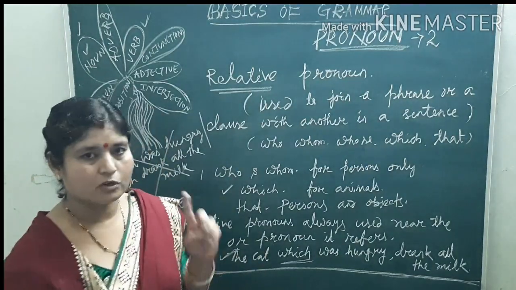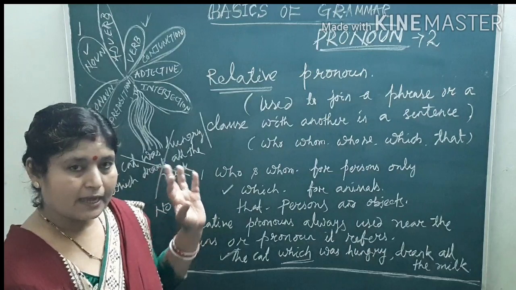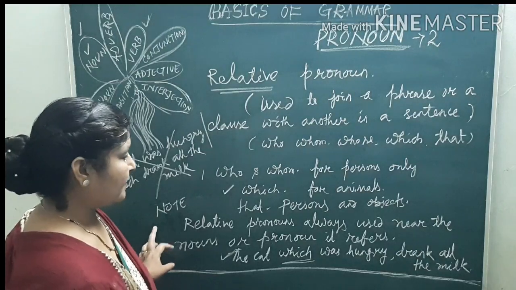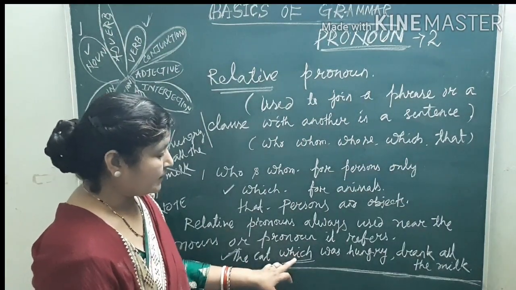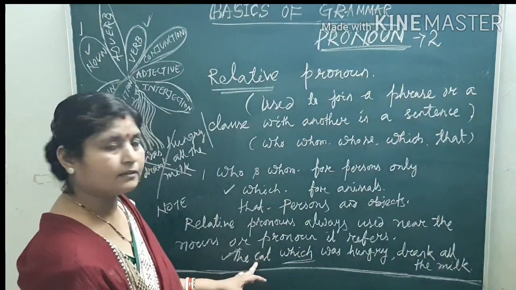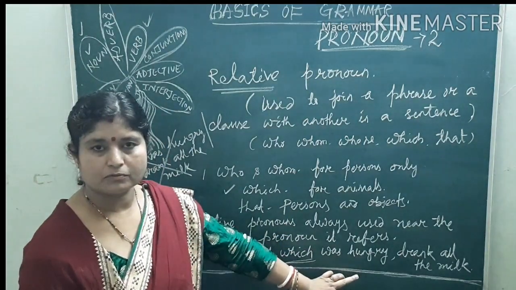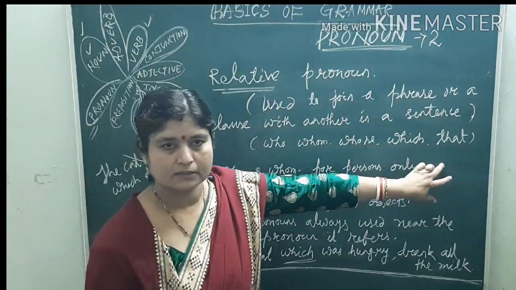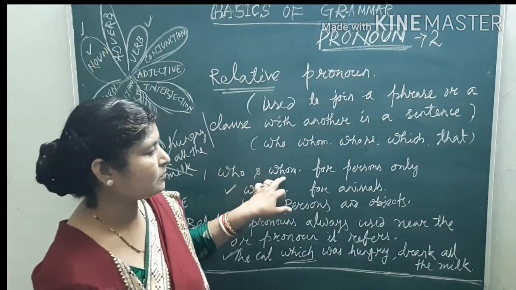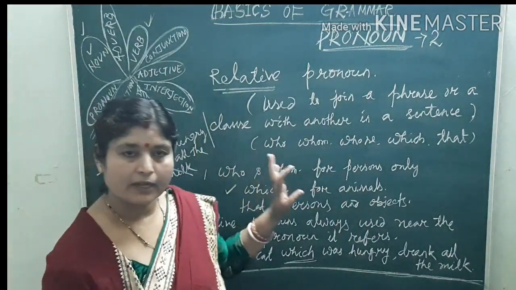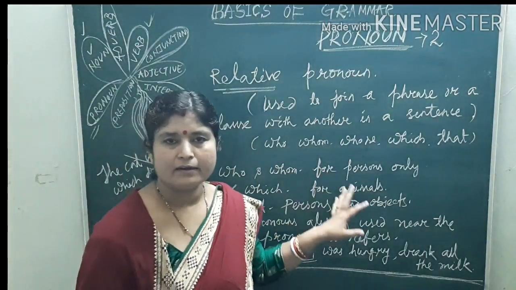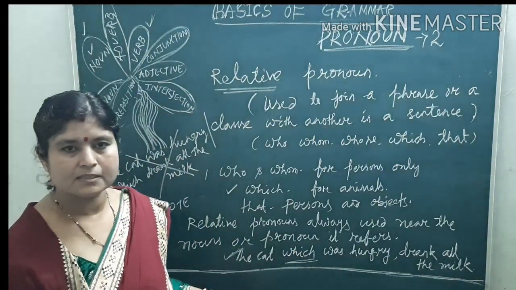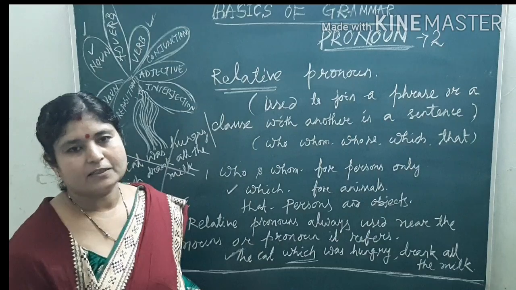So we must note that the relative pronoun must be placed near the noun or pronoun it refers to. So relative pronouns are who, whom, which, that. Already I said who and whom are for persons only, which for animals, and that for persons and objects. I hope, children, you have understood all these things. From this side, Padmini. Thank you.